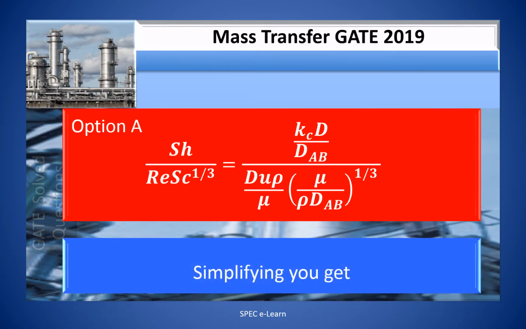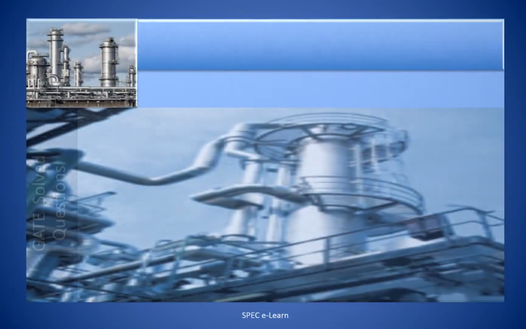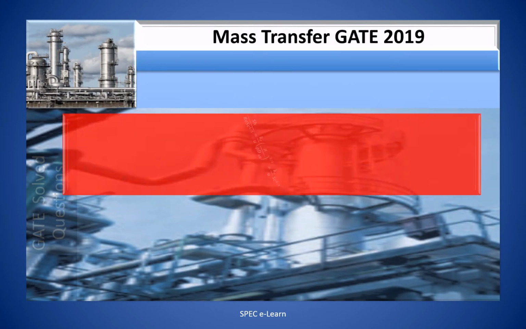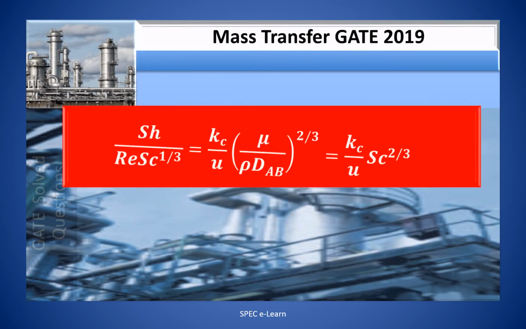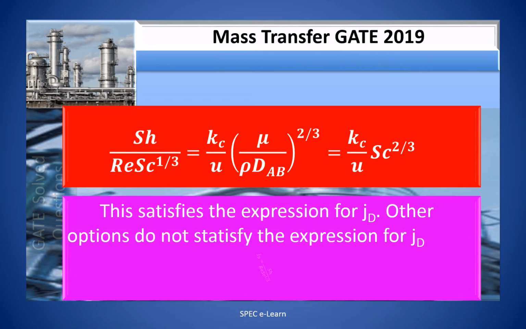Substituting and simplifying, Sherwood number divided by Reynolds number into Schmidt number to the power 1 by 3 simplifies to Kc into Schmidt number to the power 2 by 3 divided by U. This satisfies the expression for JD.